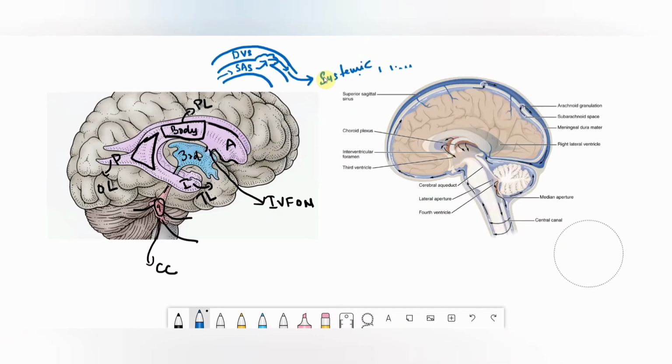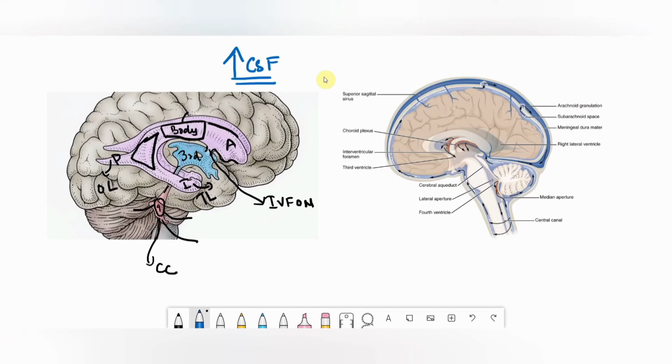Now, what happens if there is an increase in the amount of CSF within your ventricles, or this subarachnoid draining system is not working properly? An increased CSF, this condition is called hydrocephalus, and it's mostly seen in infants.